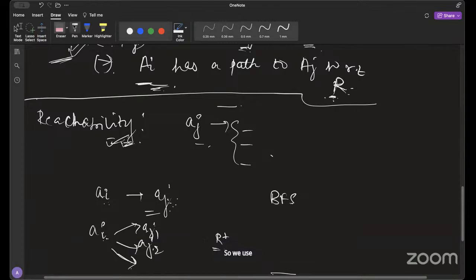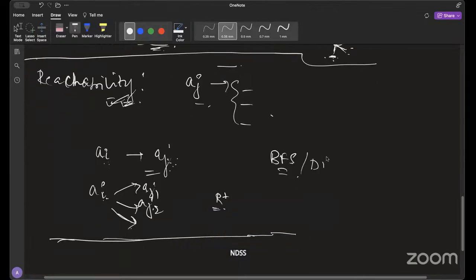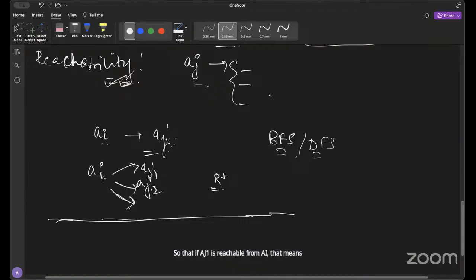One approach is BFS and DFS, because these two help in finding the reachability from a particular vertex to some other vertex. If AJ1 is reachable from AI, that means there's a path from AI to AJ1 in the original graph. So in the transitive closure of that graph, you'll see an edge from AI to AJ1.